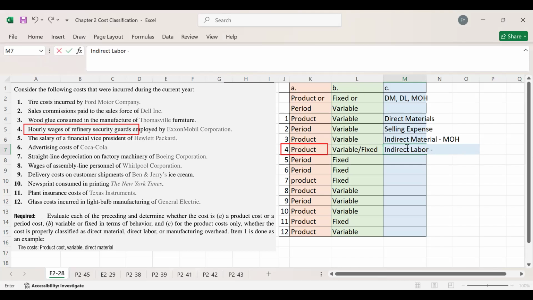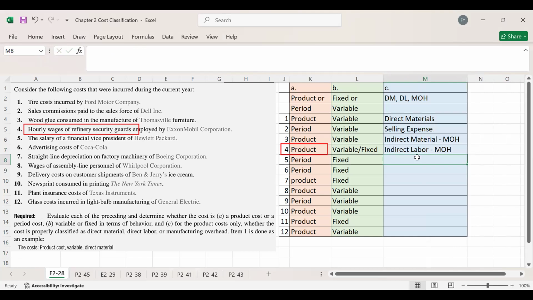So these are supporting staff and should be included in manufacturing overhead. Although they are part of the factory, they are not directly involved. That's why they are called indirect labor and part of manufacturing overhead.